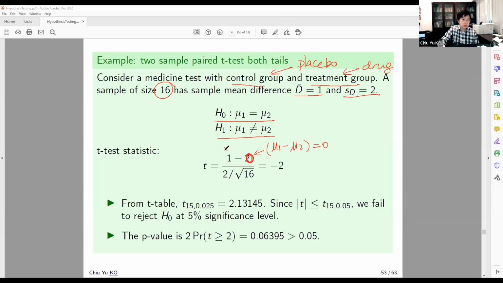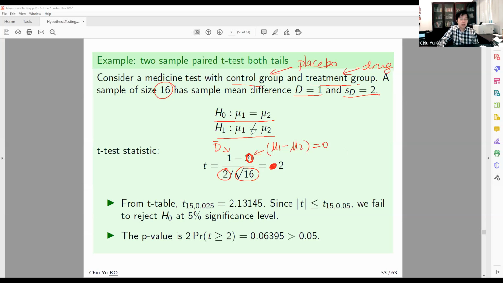And this is D bar, and this is 2 over root of n, so this would be 2. Sorry, the mistake. It's okay, still 2, so it doesn't really matter.